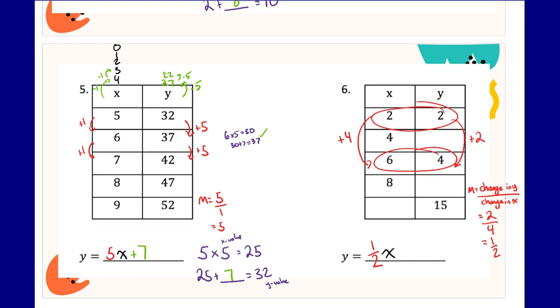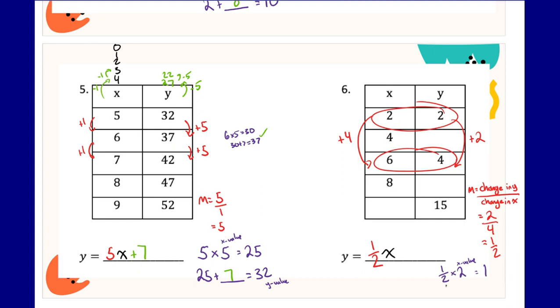And again, that's where using that little application of our rule comes in. Let's take an x value and multiply it by the multiplier. So 1/2 times 2, which is our x value, equals 1.